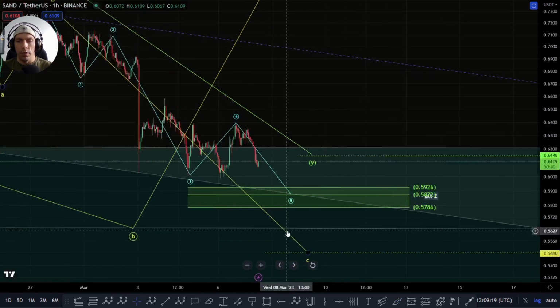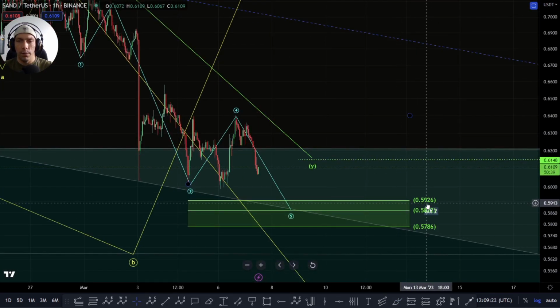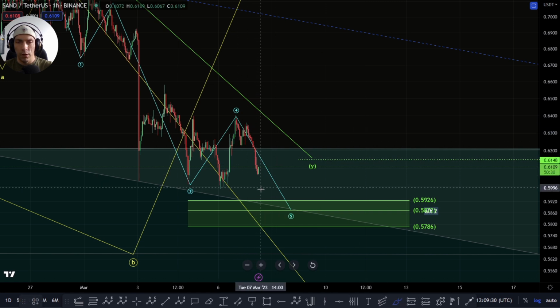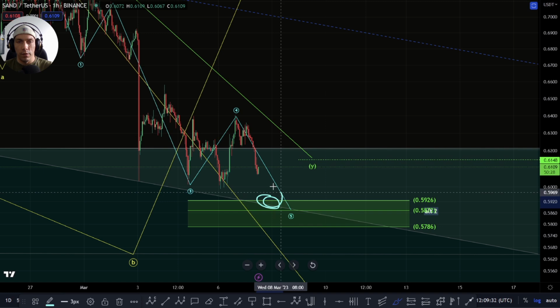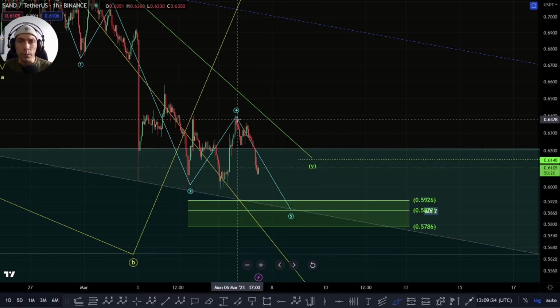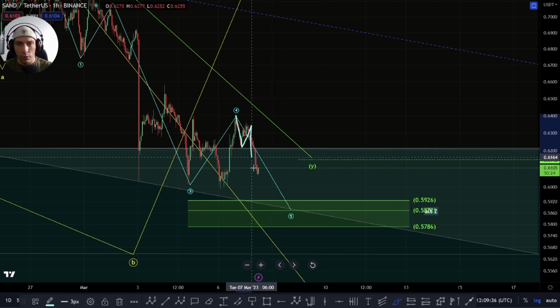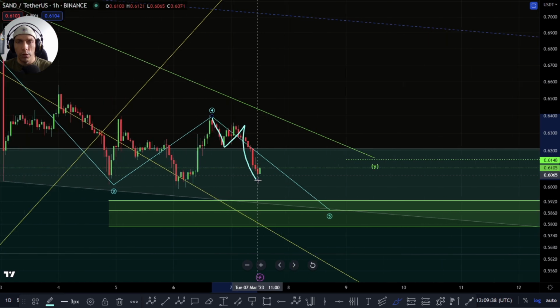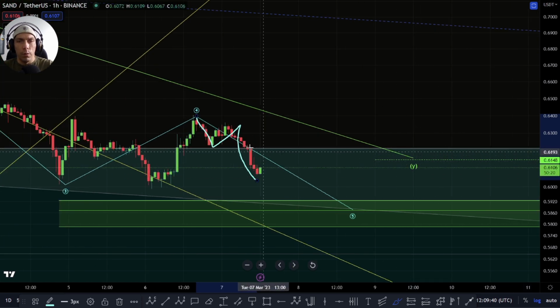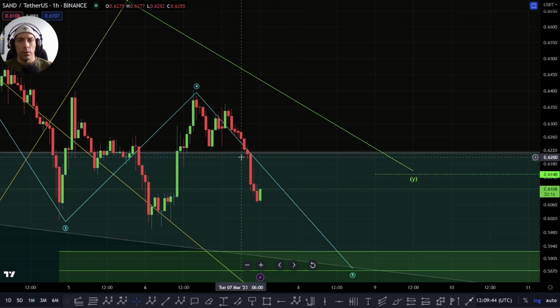We could be looking to push down here towards this zone of 0.0526 to this 0.0586 range. What I'd be looking out for here would be that potential to come back down and maybe retest this channel line, looking at this potential there, 1, 2, 3, which could still be within its third wave here. Alternatively, we could have completed. Let's have a look.